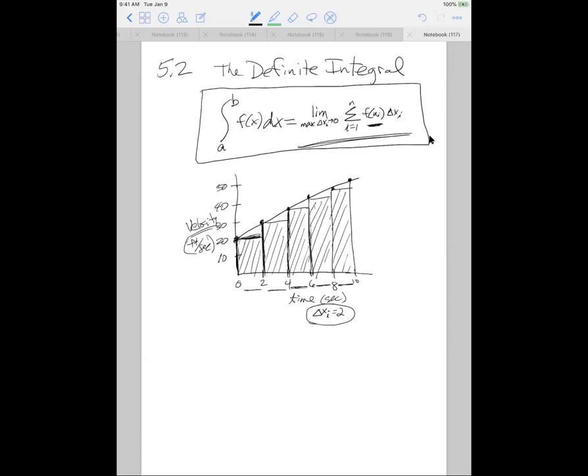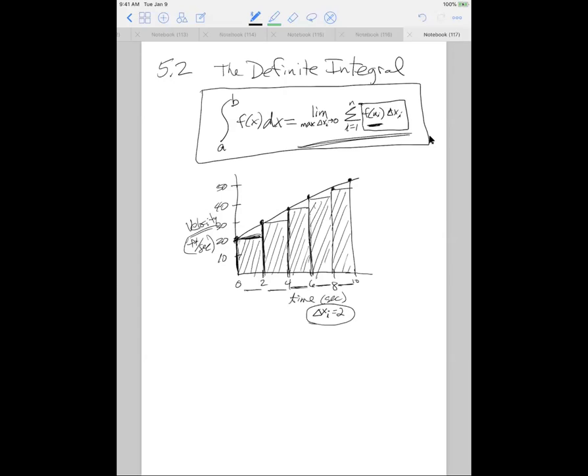Ours in this case is the far left. It could also be the far right, or somewhere in between. But these are all rectangles. Delta x is the width, and f of whatever you're working with is the height.